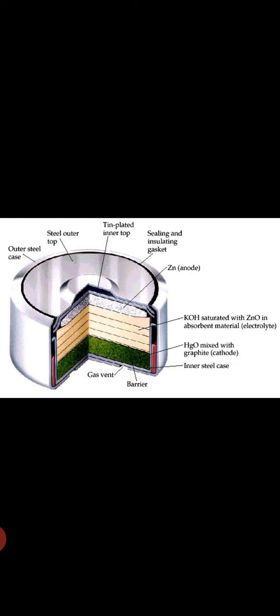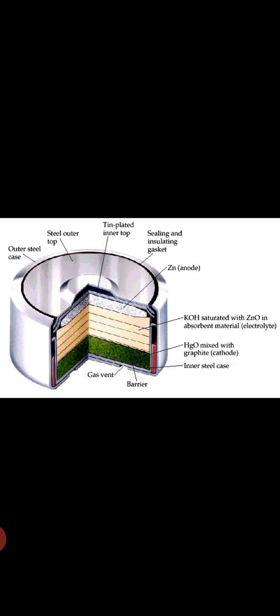Zn2+ will react with 2 OH minus, to form zinc hydroxide or zinc oxide, and water will be released. Now mercuric oxide, which is the cathode, will take these 2 electrons from the anode along with water to form mercury, and OH minus ion is released. Ultimately the cell reaction you get is Zn plus HgO gives ZnO plus Hg.